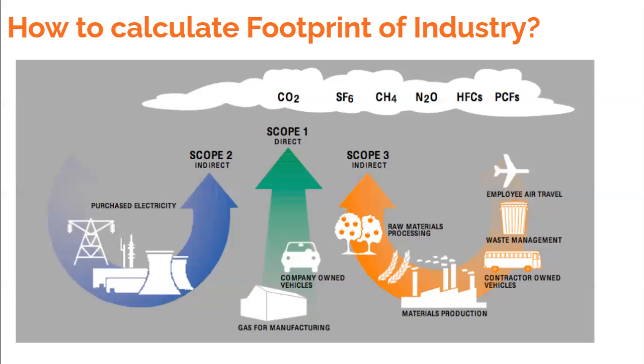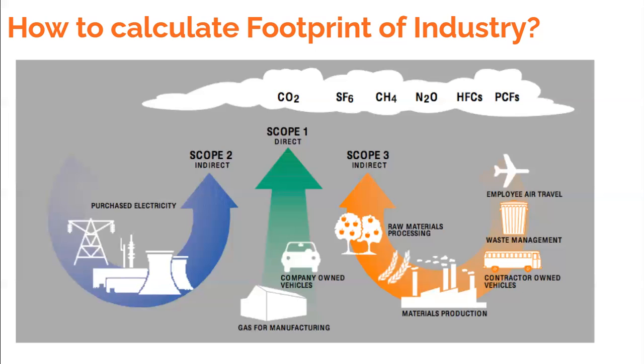Scope 2 is the contribution from the grid electricity, not the captive electricity, the grid electricity, which is purchased by that industry to run its machines and other setups. So whatever calculations we have learned about grid electricity would come into scope 2.